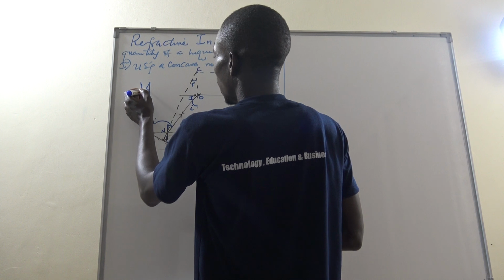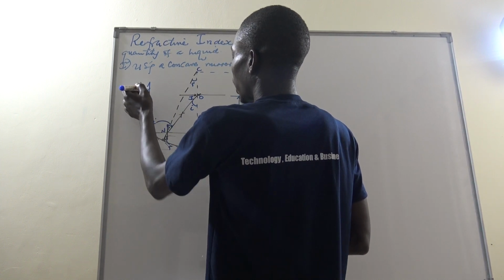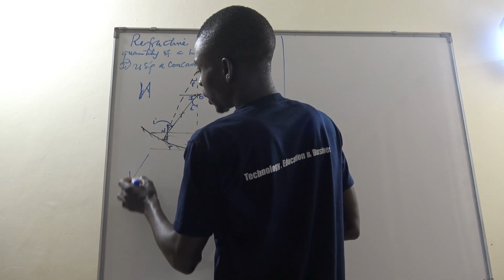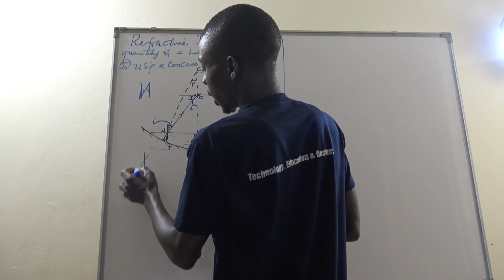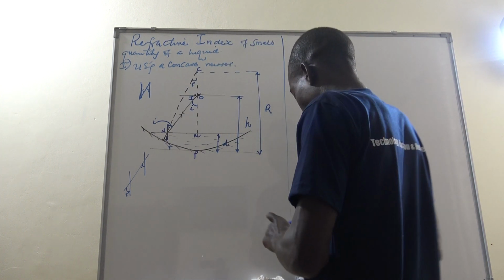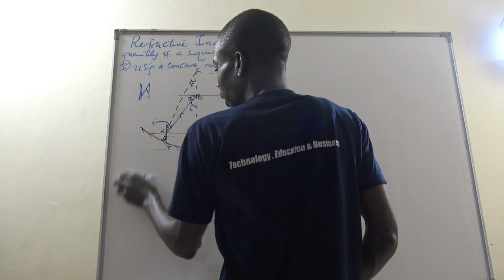If this is I, that can be I. Same thing to this: if this is R, this should also be R. I don't know if people are getting that right.